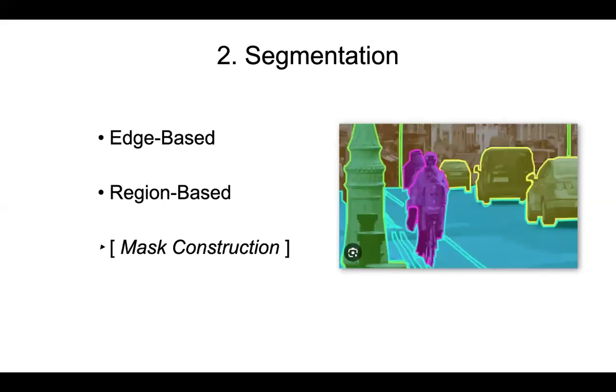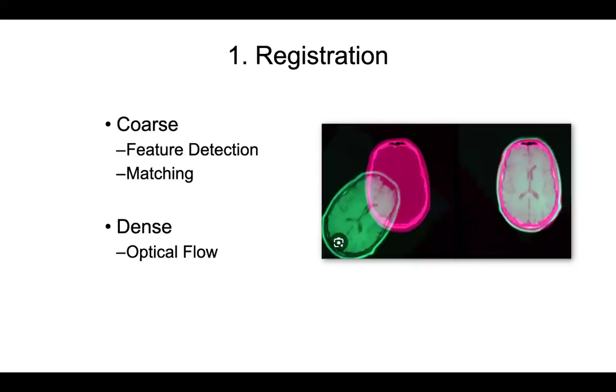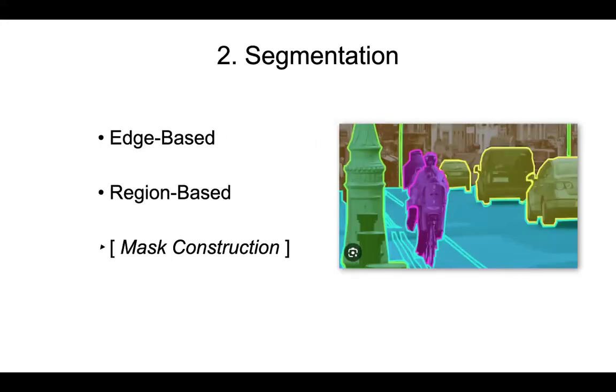You detect the patterns in the interior, and then from that you compute the boundary. And this is related to creating a mask to actually separate one from the other. And notice that segmentation is related to detecting things like registration, right? And then you can also do tracking, combining these two things.